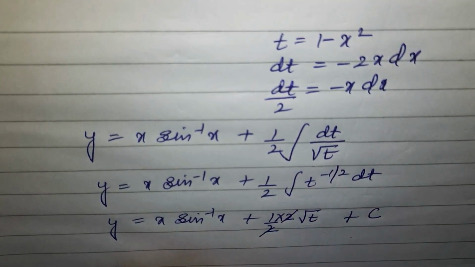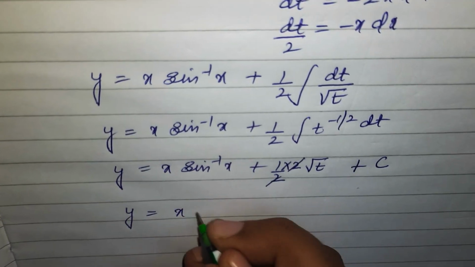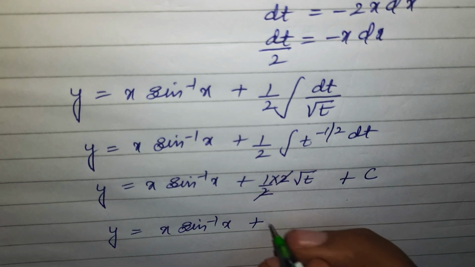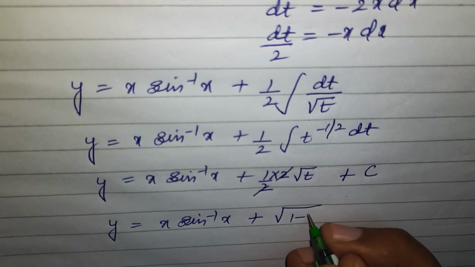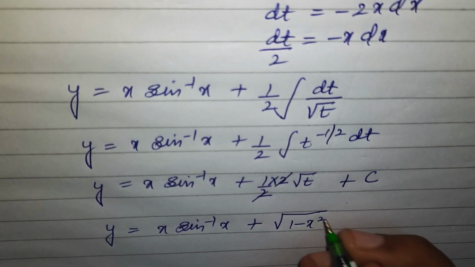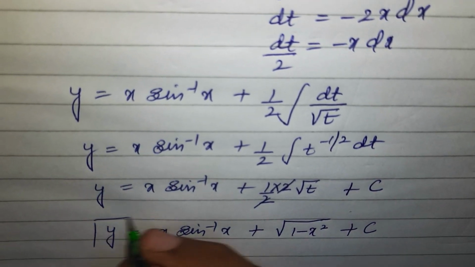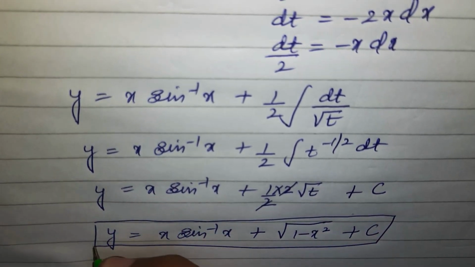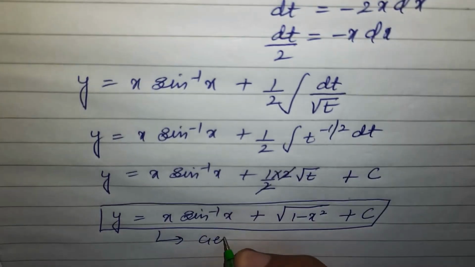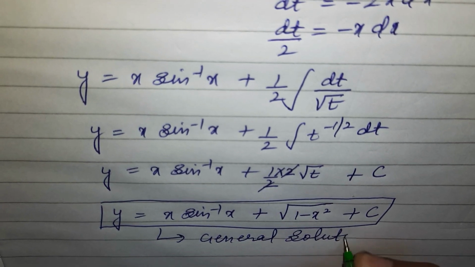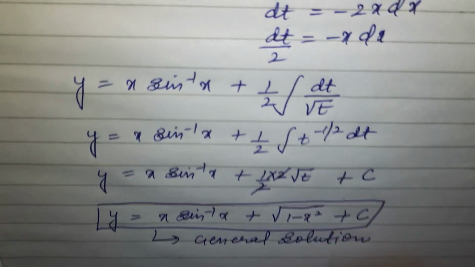So this will cancel out. So I am getting y equals x sine inverse x plus root t, where t is 1 minus x square, plus c. So this will be your final solution, which will contain c. So till question number 10 you need to proceed like this.